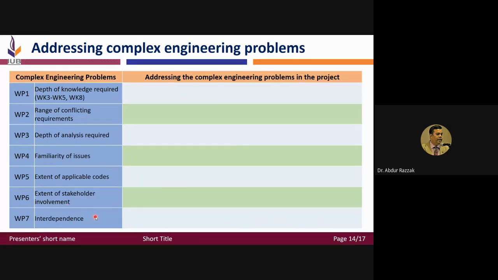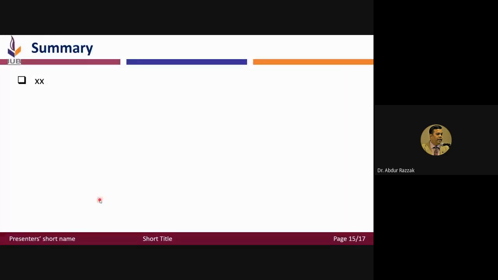So that means all 7 can come into account or not, but at least P1, and from P2 to P7 minimum 2. Okay, I will discuss this later on, and then you have to summarize this. What is the summary of your findings of your first term project or implementation up to now?